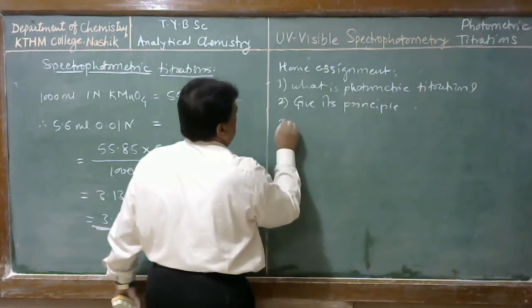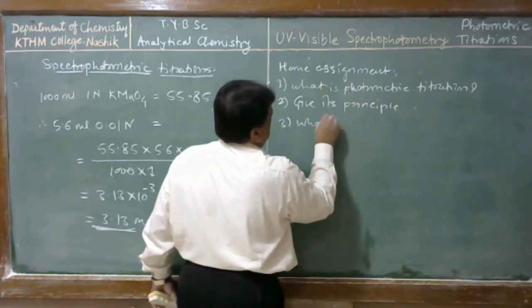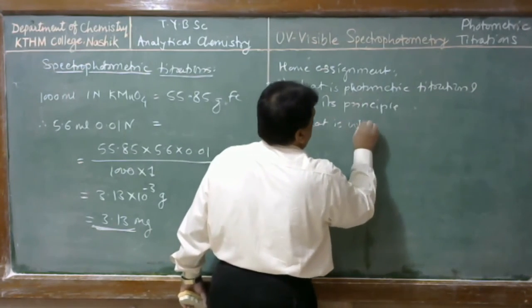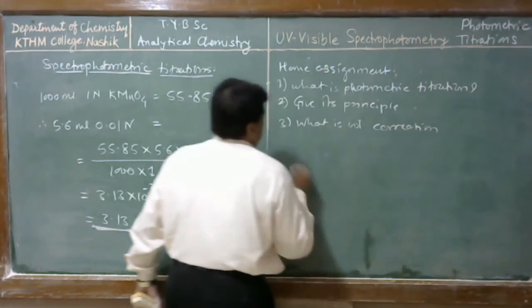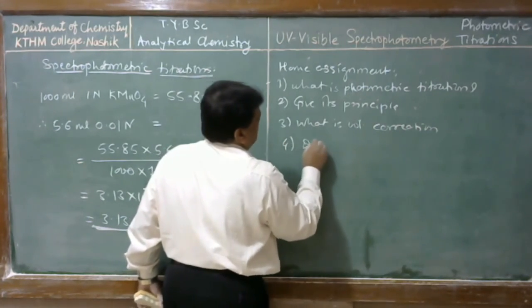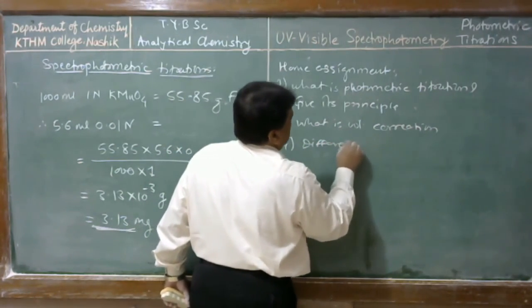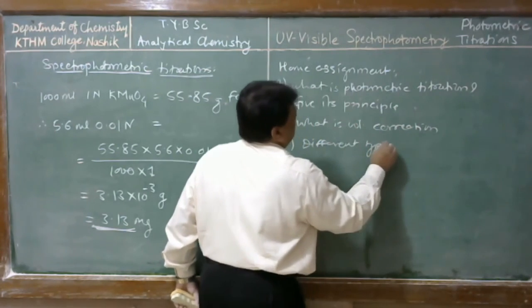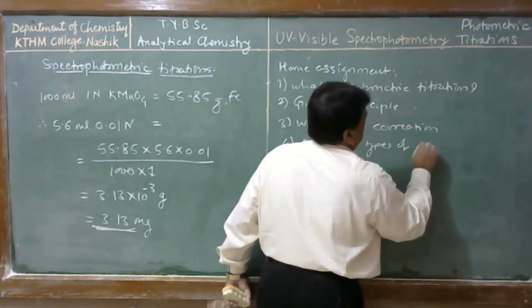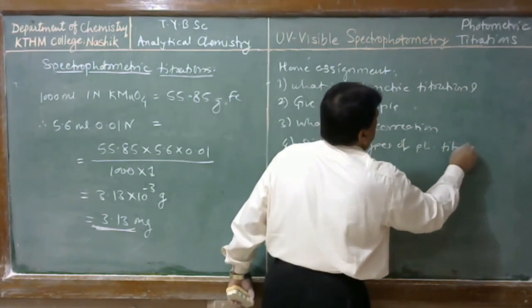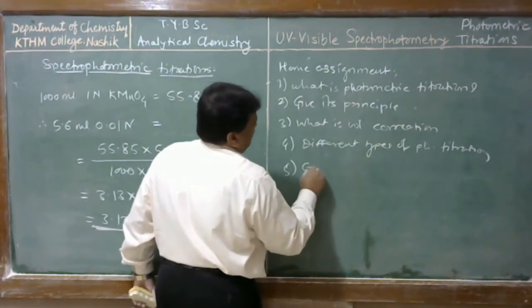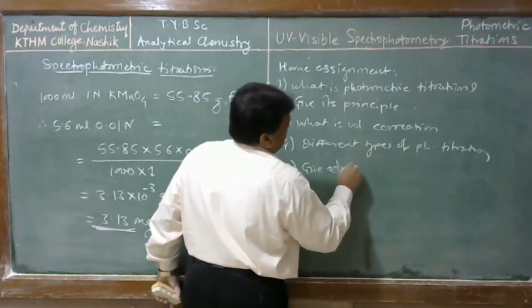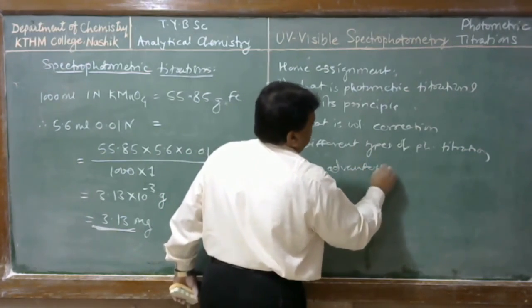What is volume correction? Explain different types of photometric titration. And last one, give the advantages of photometric titration.